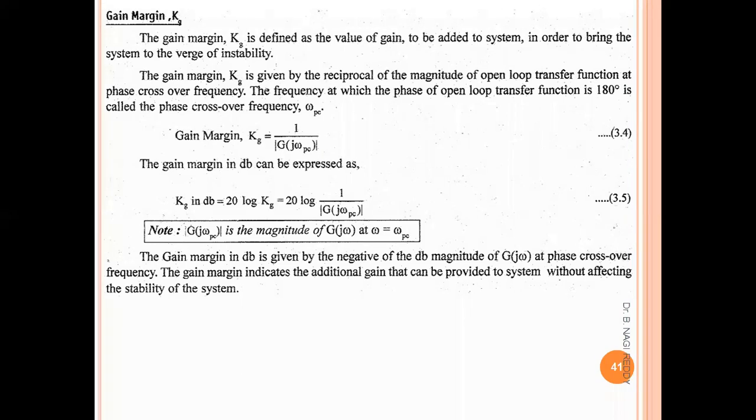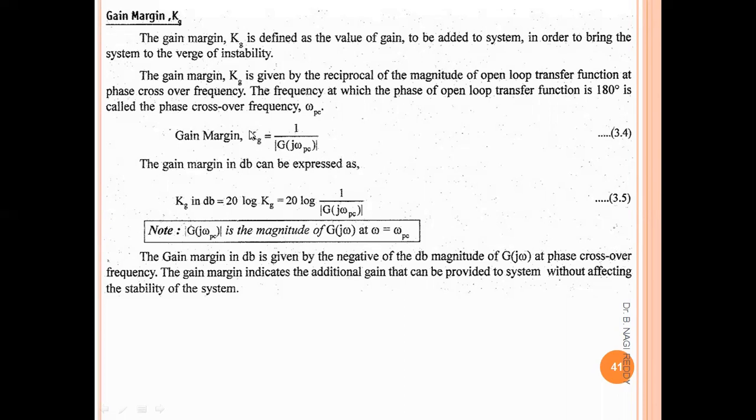How much gain we have to add to the system to bring it from instability, that gain is called the gain margin. The gain margin is the magnitude of the reciprocal of the open loop transfer function at the phase crossover frequency, PC.